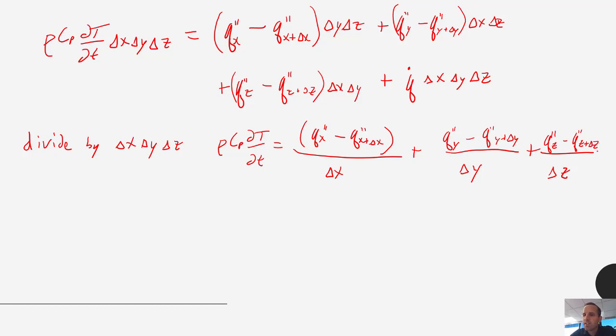And then we can't forget our generation term, which I'm going to squeeze in there, which is much easier now that the volume has been totally divided out of it. Okay, so this is the form that we have this equation in currently.